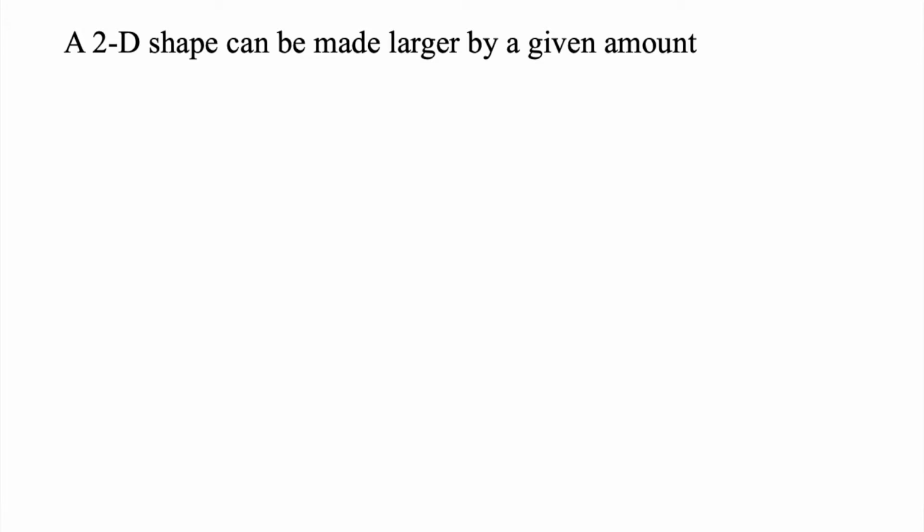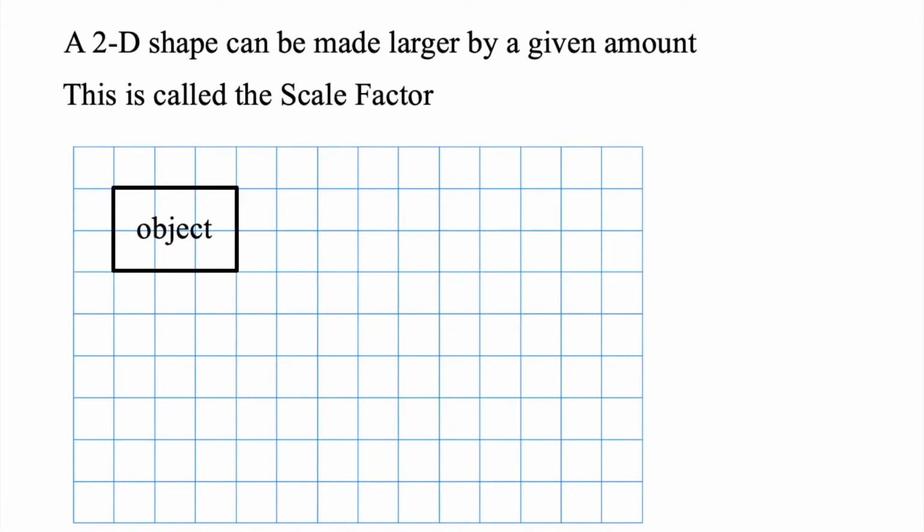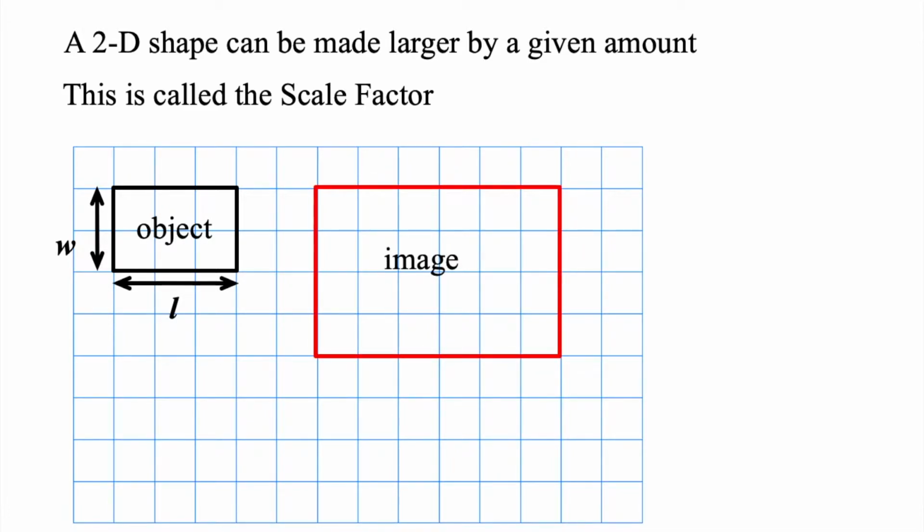by some given value. When you do that, we say this is a scale factor. How this looks is as follows. If you have that two-dimensional shape and it has measurements, length and width, and then you enlarge it by some given amount to get to the new image, I'm hoping you're noticing that from the previous formula that you can work back and forth with, you work with the old measurement and the new measurement.